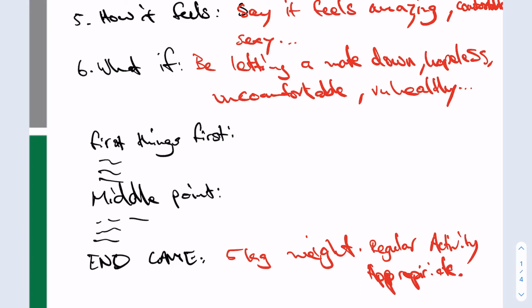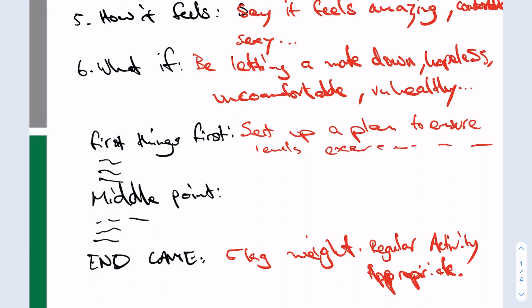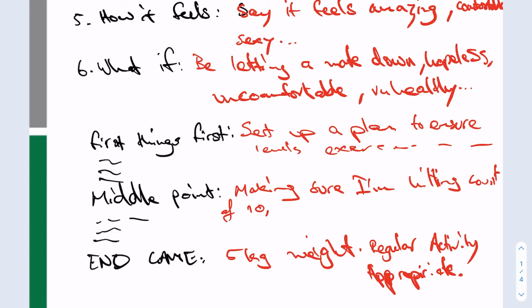So the first thing would be to set up a plan to ensure levels of exercise, etc. And the middle point would be making sure I'm hitting a step count of, let's just call it 10,000 and be super cliche.